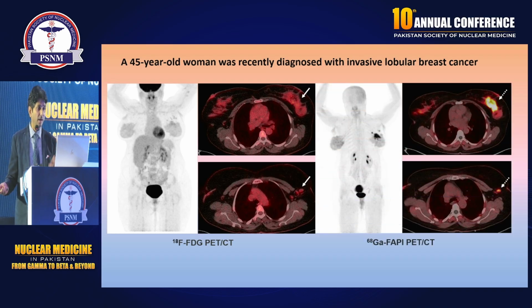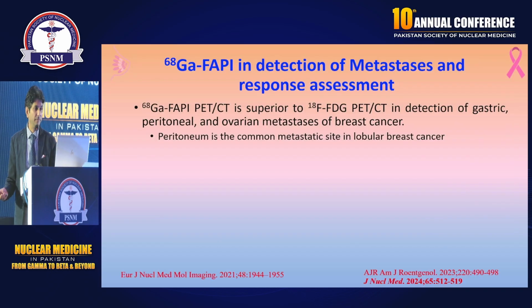But as compared to the FAPI images, you will see that it was a locally advanced tumor. The extent of the tumor is phenomenal with FAPI, and you find an additional focus in the left axillary lymph node. Biopsy came out positive for lymph node metastasis, the patient became N1 disease, and went for neoadjuvant chemotherapy.